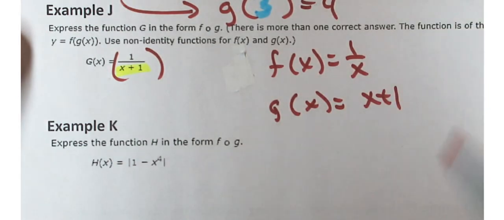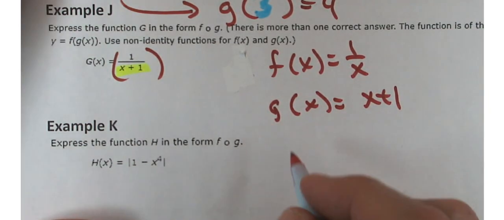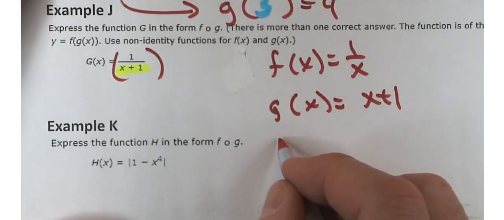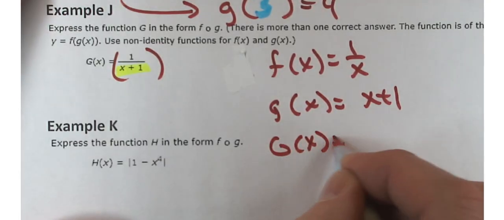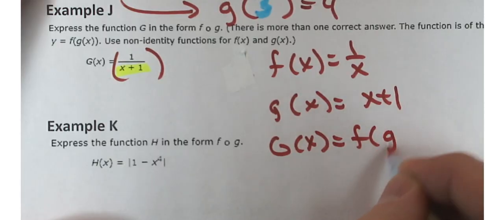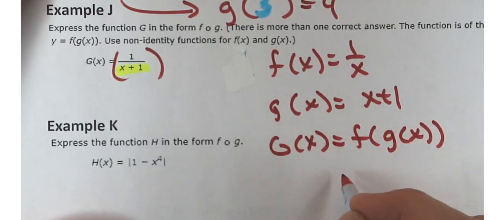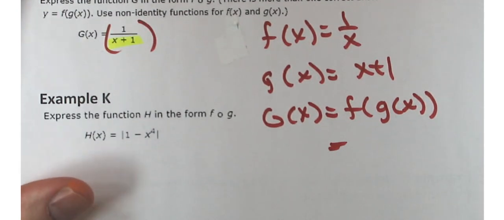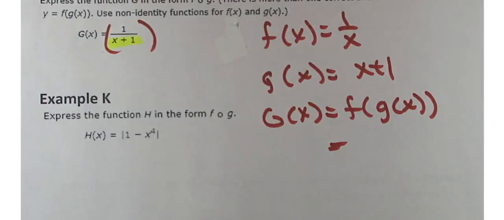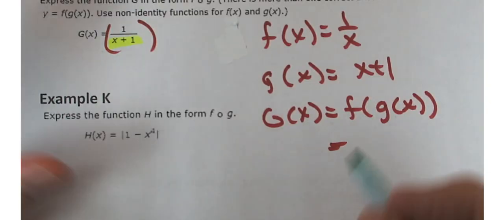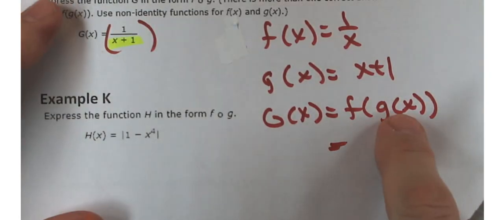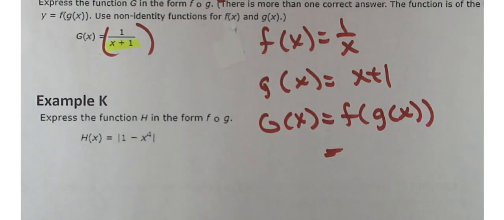Now if I put these two functions together and form f of g of x, let's see how that works out. Does it give me what I expect? Well, on the inside here, g of x is really just x plus 1.